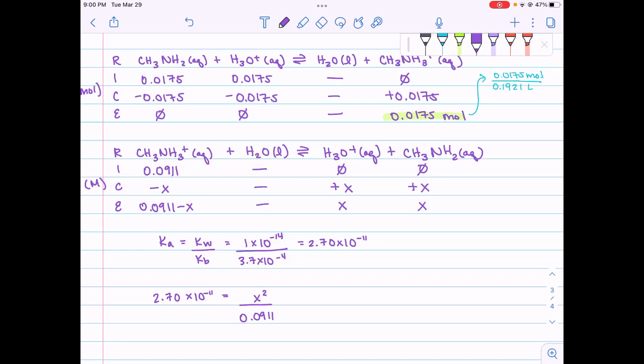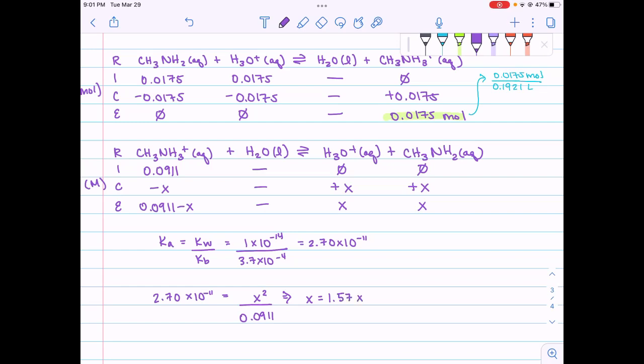That x value is going to be really small, so we're going to pretend that the minus x is not there. We'll solve for x by multiplying by 0.0911 and then taking the square root.